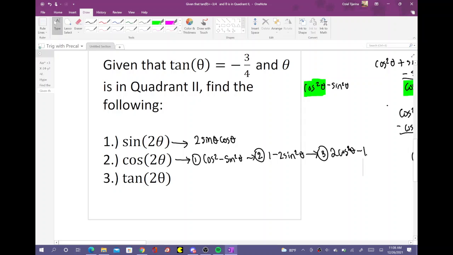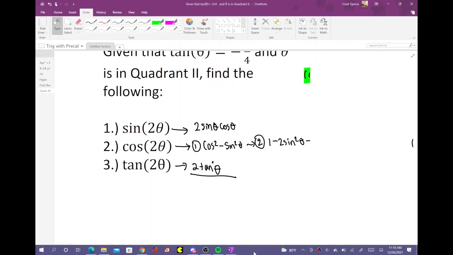Tan of 2 theta, I always forget this one. It's 2 tan theta over, oh, I forgot what it was. Sorry guys, let me look it up really quick.